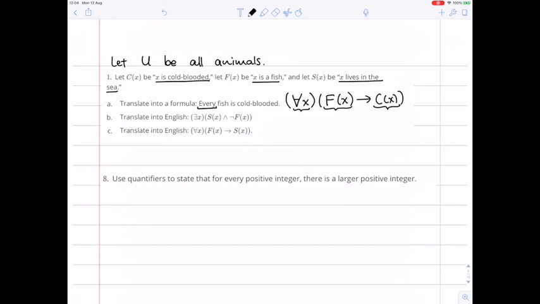All right, let's have a look at our second sentence. Now we want to translate this into English. Our first bit says, there exists an animal, and then this next bit says, that lives in the sea.